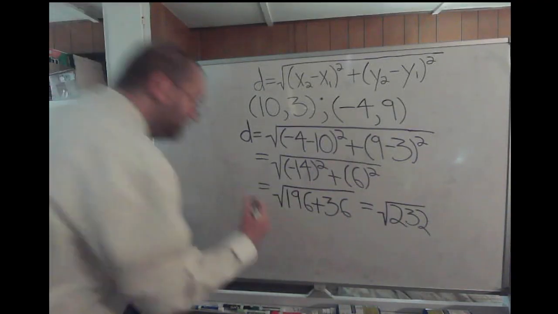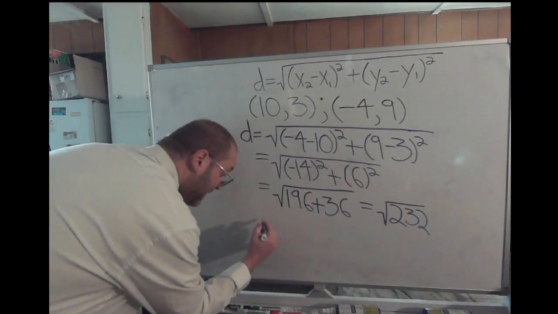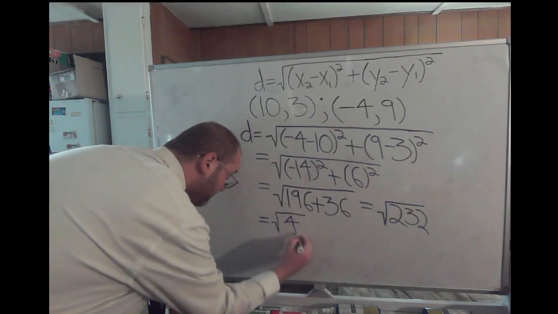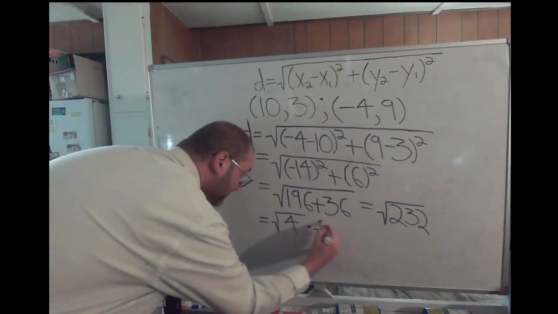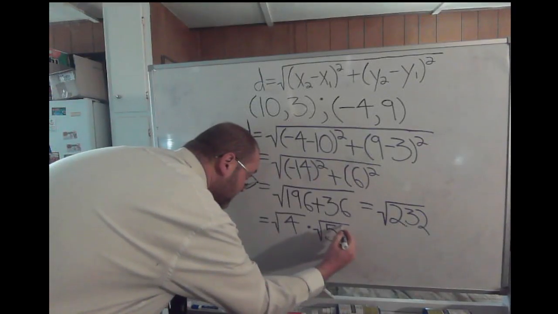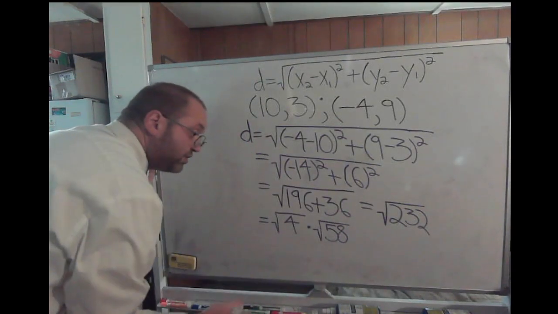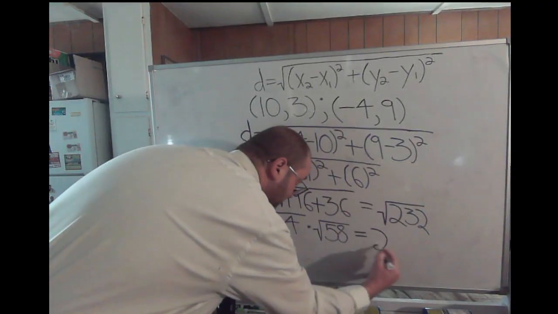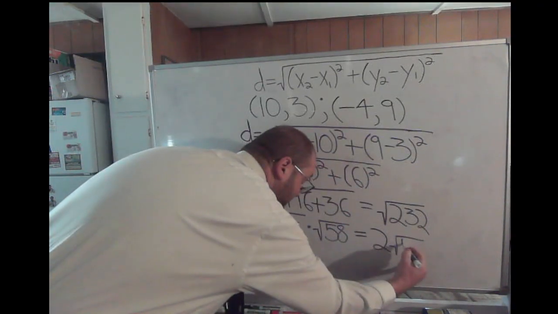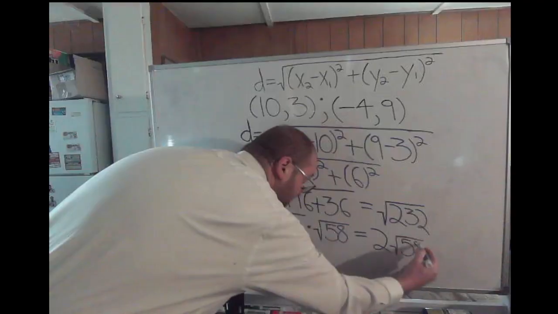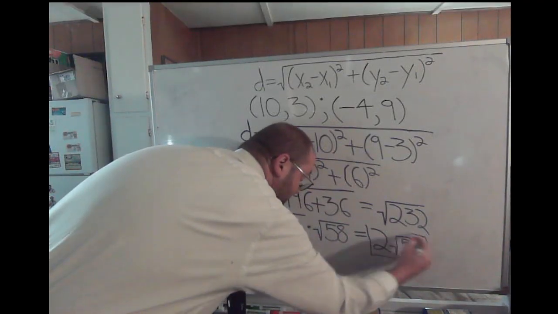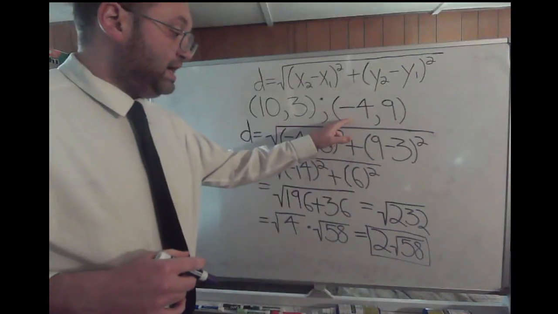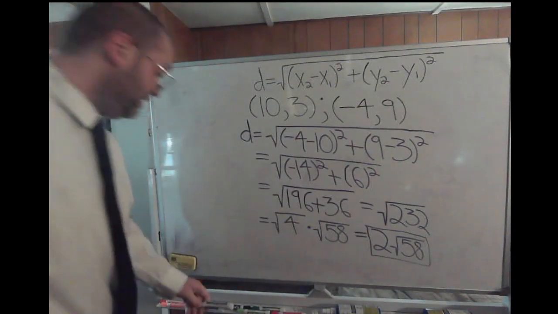Alright, it does divide into 4 and 58. So that'll become the square root of 4 times the square root of 58, which 58 doesn't reduce any further, but 4 does. You'll end up getting 2 times the square root of 58 for your distance. So the distance between (10, 3) and (-4, 9) is 2 times the square root of 58.